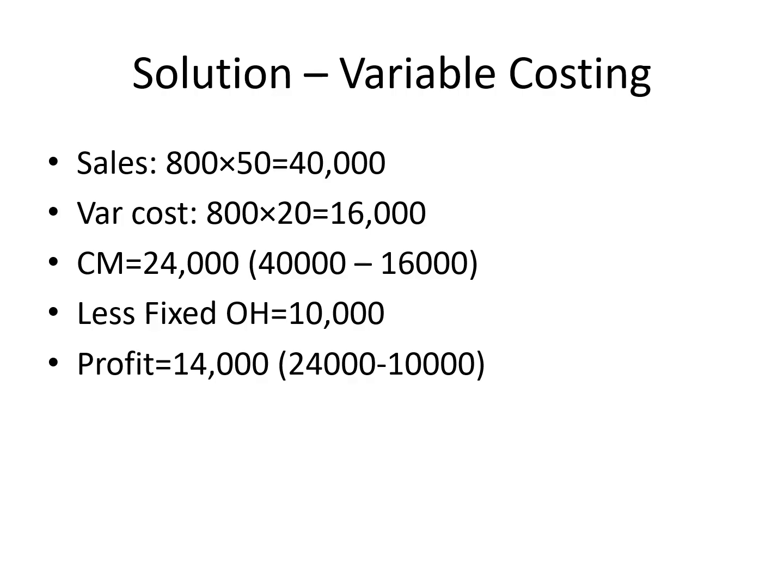It's like the contribution margin, where you subtract variable cost from sales, and then you get the contribution margin, and then you subtract the fixed overhead, and then you get your profit, which is $14,000 in variable costing. As simple as the contribution margin.